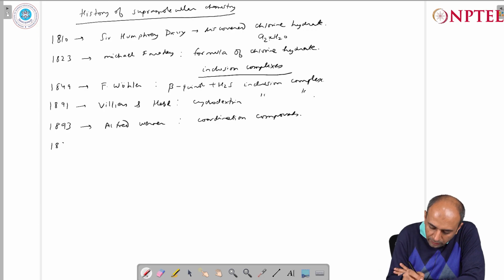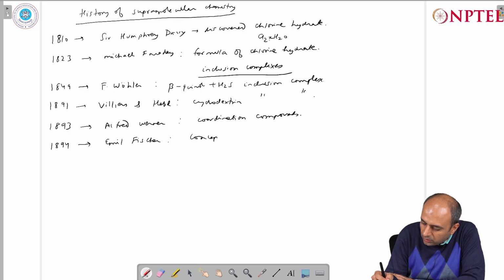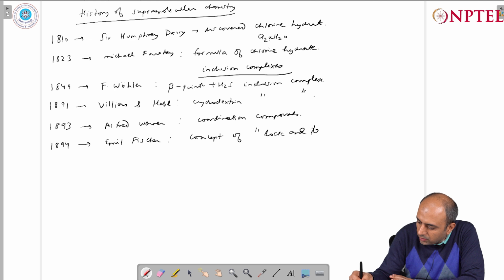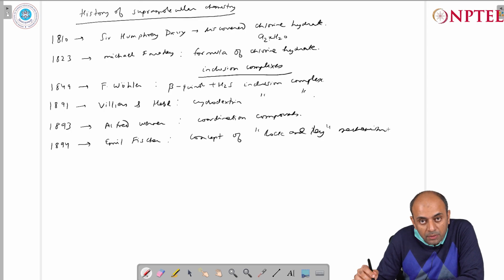This was followed by another very important discovery by Emil Fischer, who proposed the concept of the lock and key mechanism, which is of extreme relevance and significance in supramolecular chemistry, particularly in the field of macromolecular sciences, biological sciences, and molecular biology, for how a particular ligand interacts with a protein site.